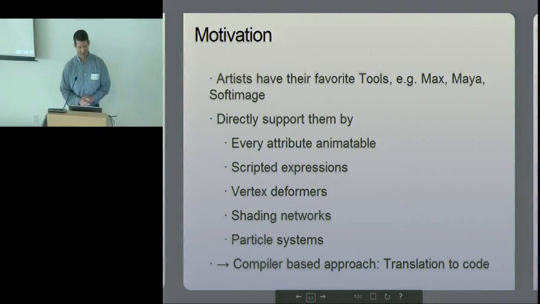And the vertex deformation for character animation or shading networks and particle systems are all features which are already in the existing tools, and that's why the question, why not support them directly?